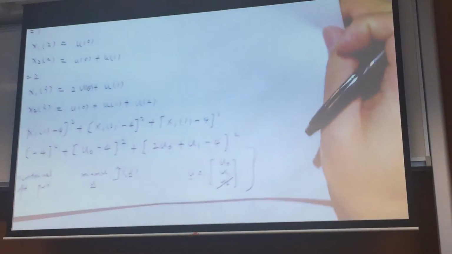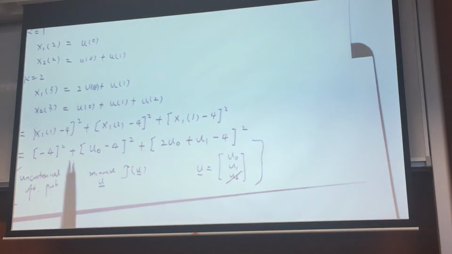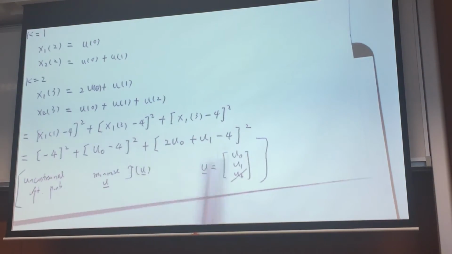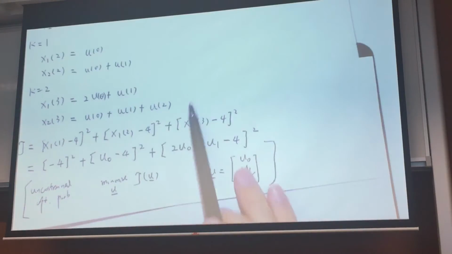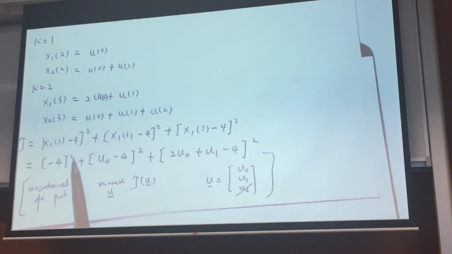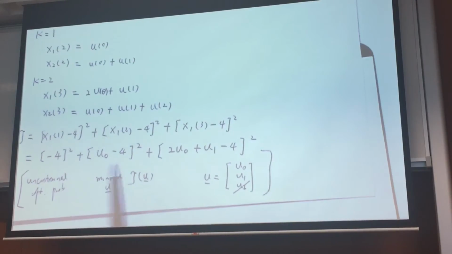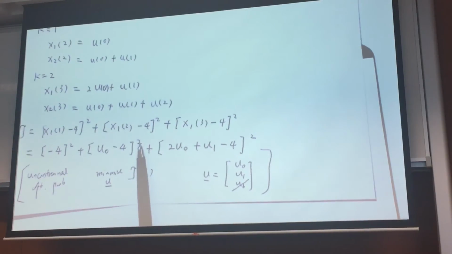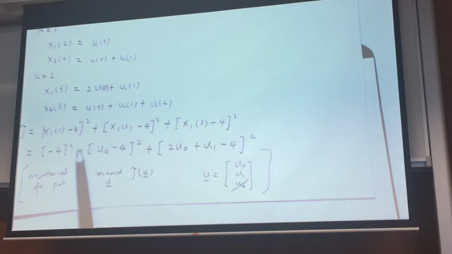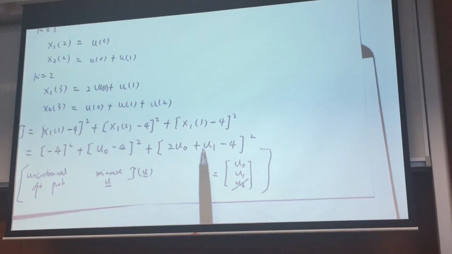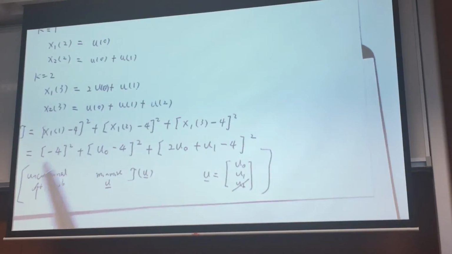Actually, you can also get the solution by intuitively checking this equation. In this equation we got 3 items, and each item is a square. So we know the square will be greater or equal to 0. For this one, it's just a constant.